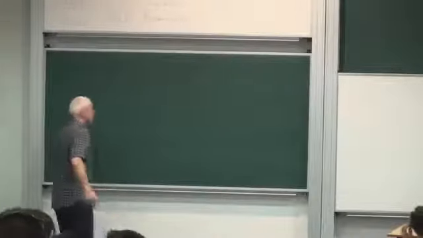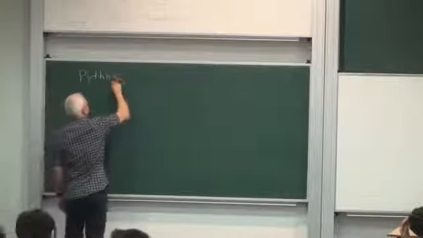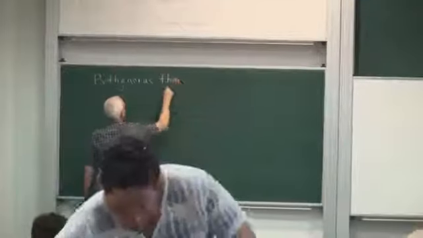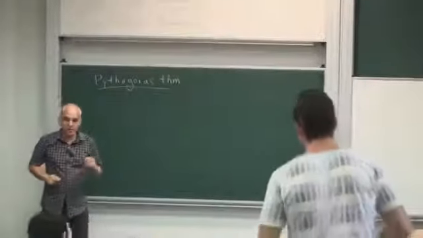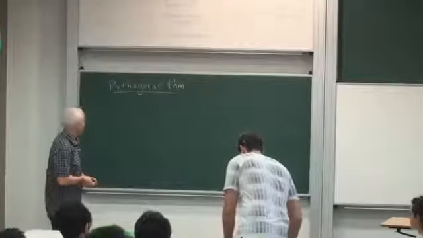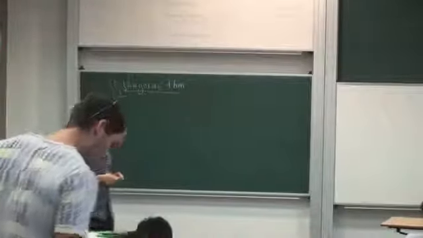So let's talk about Pythagoras' Theorem. That's only one of the several topics that I'm going to be talking about today. We're also going to talk about irrationalities and Pythagorean triples, or rational parameterization of the circle.